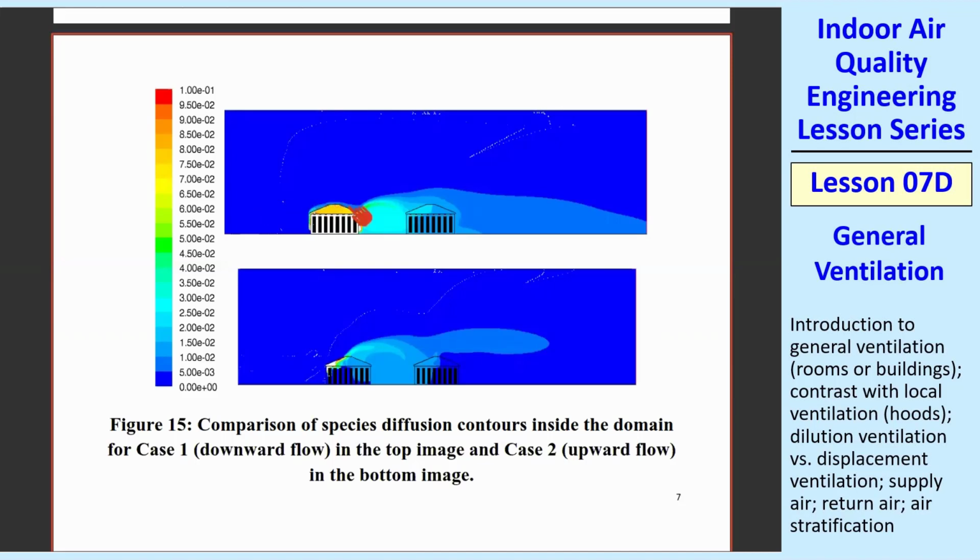The wind is going from left to right. There's a big vortex, and it gets drawn into the attic and into this barn. This one has a smaller concentration, but there's still a lot of the contaminant from this first barn in this second barn. And then we're comparing the downward flow, the normal dilution case, with the displacement case here, where we're exhausting the air out the top.